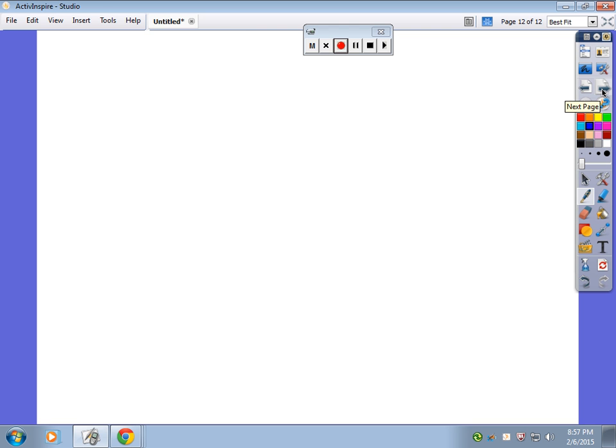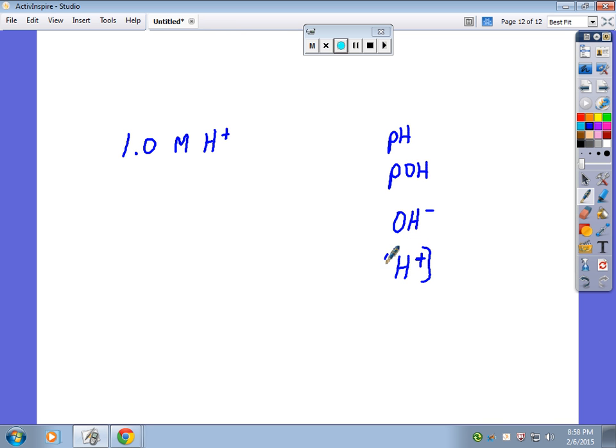Let's figure out if I have, for B, 1 molarity of hydrogen ion concentration. So I've got a 1 molar hydrogen ion concentration, and I want to find pH, pOH, OH minus, and hydrogen ion concentration. What are those? Well, again, I have my equations.